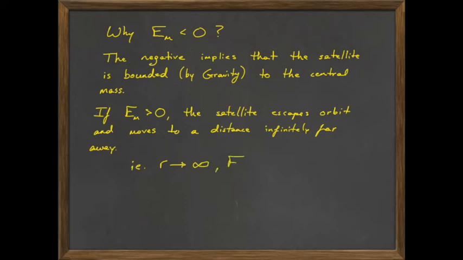To understand that better, it would move out to a point infinitely far away, because at that point the gravitational force goes to zero and the potential energy also goes to zero as r gets close to infinity.